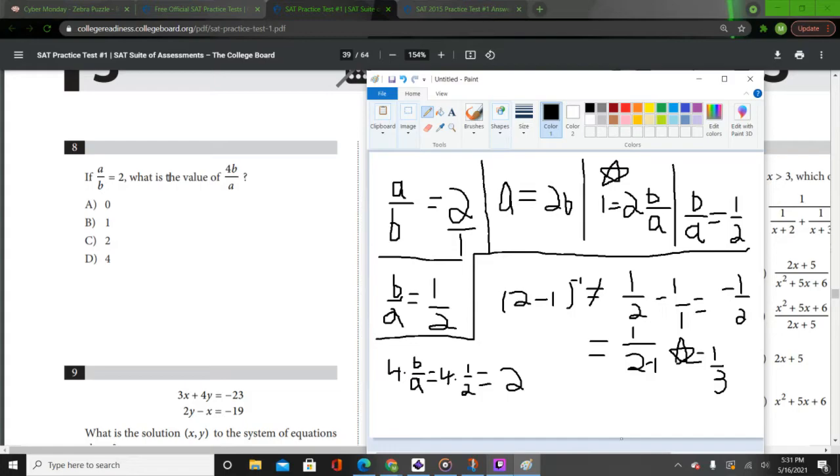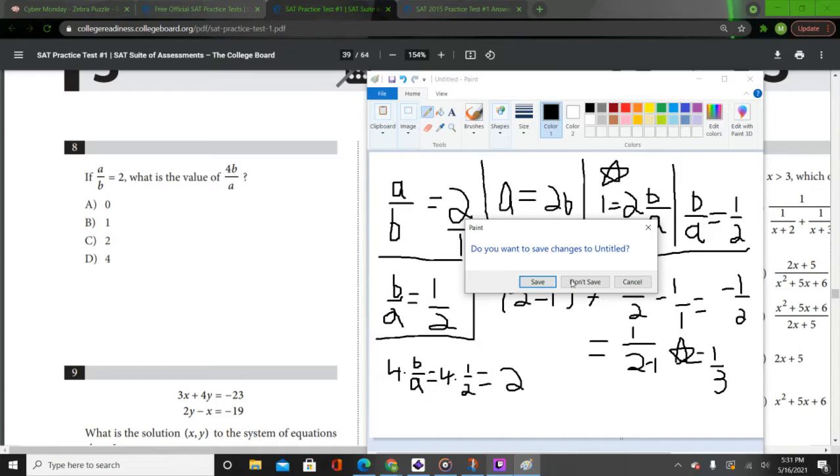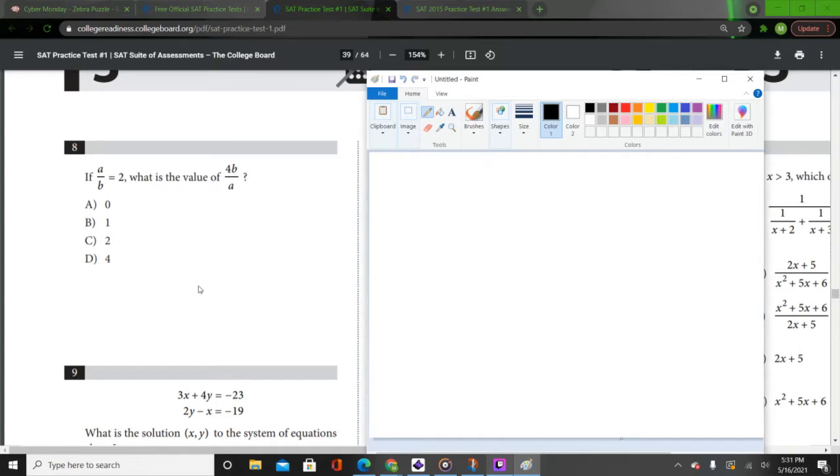I know the time limit can be pressing for some people, and I know we're not following it, but to practice, get down how you like to tackle a problem and try your best to do it quickly and correctly. But yeah, that's our answer.